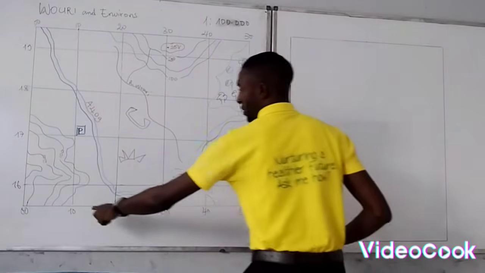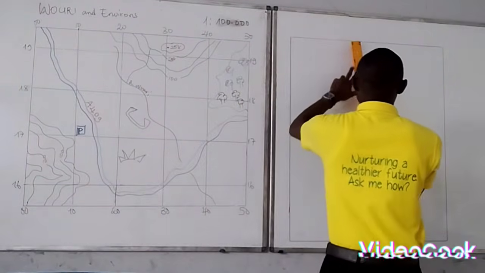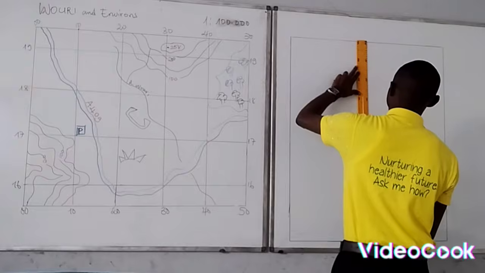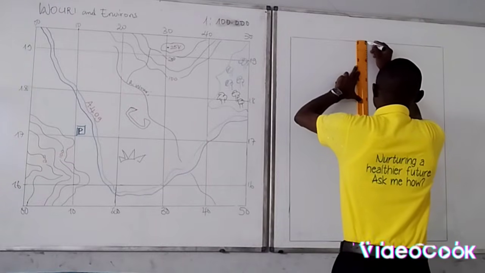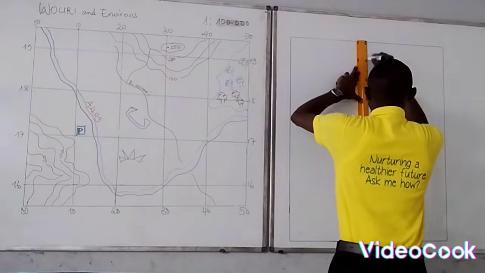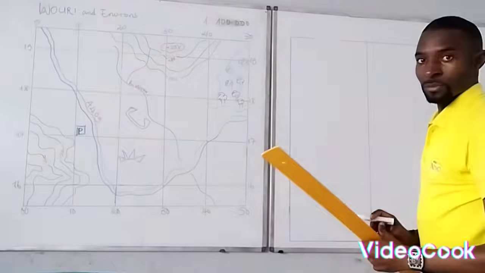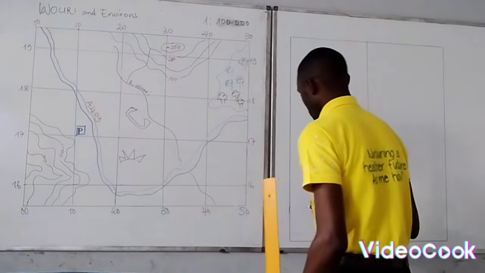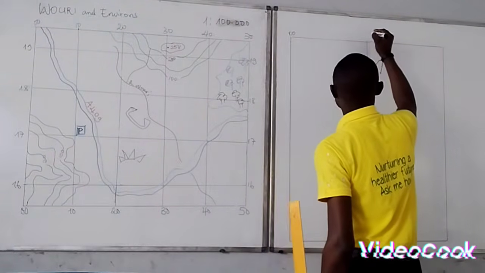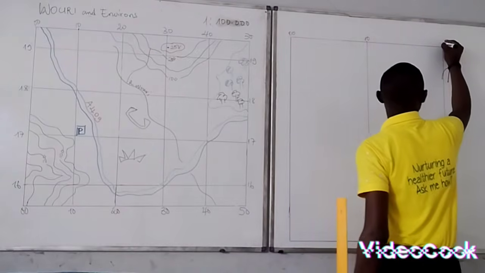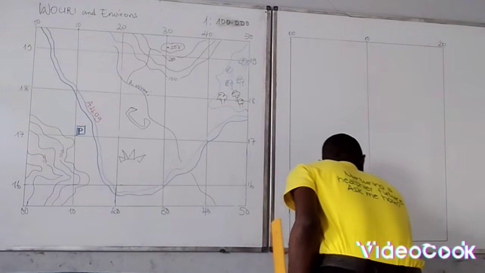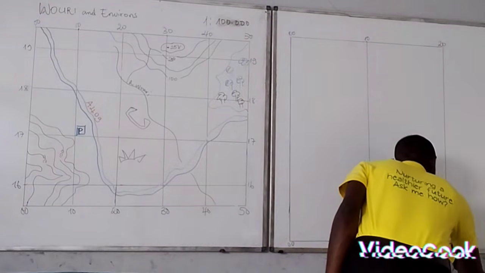So I have 2, then 3. Then I put the values. The first value is 0, here we have 10, and last we have 20. I can put under here 0, 10, and 20.